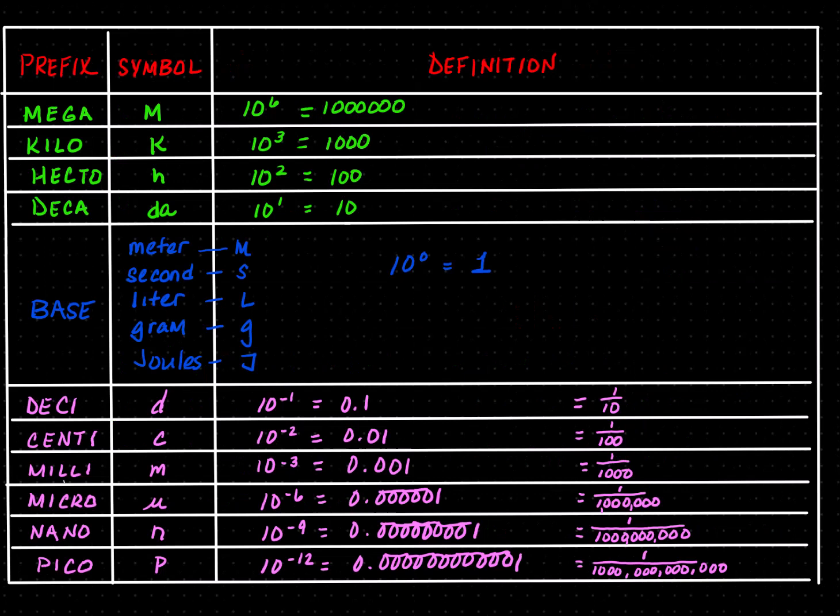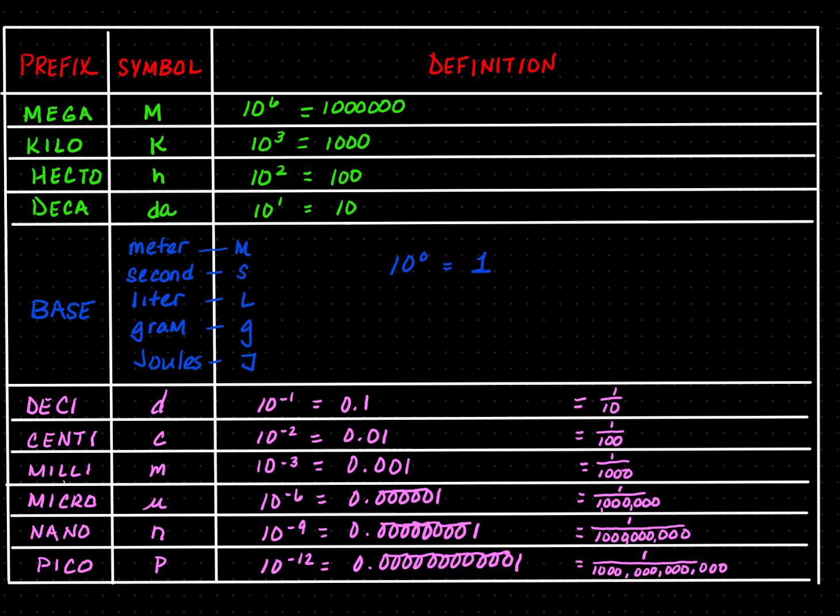For this class, you need to memorize the following prefixes and their definition so you understand how to convert from one measurement to another. Mega is a capital M. It is 10 to the 6th or a million. Kilo, symbol k, is 10 to the 3rd or 1,000. Hecto is h, which is 10 to the 2nd or 100.